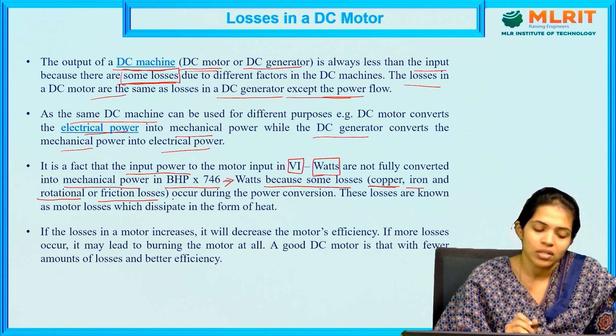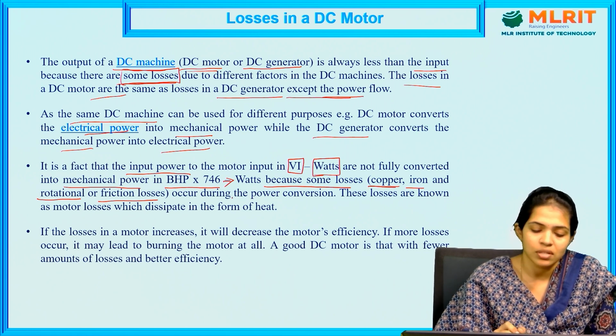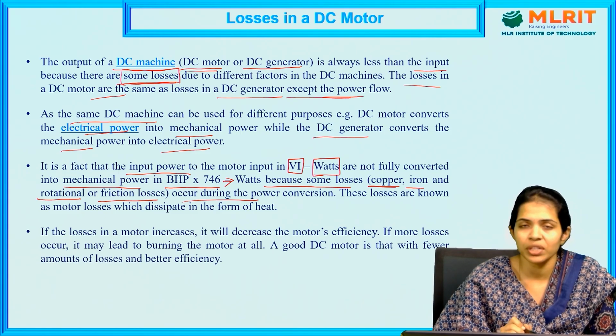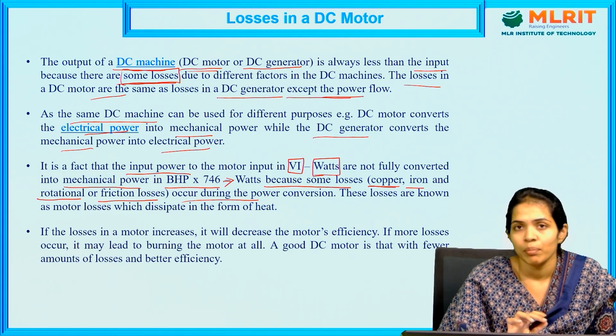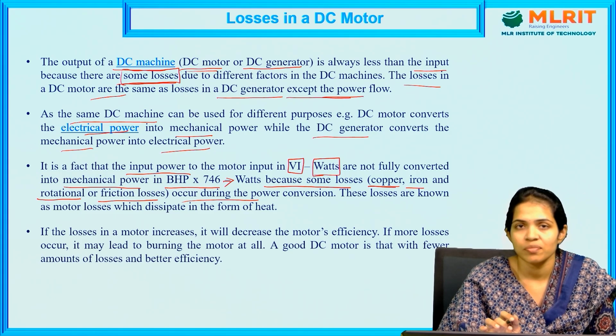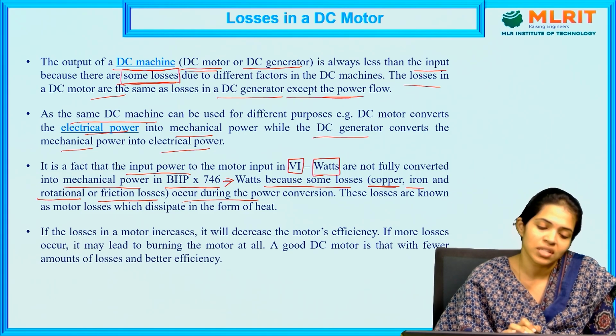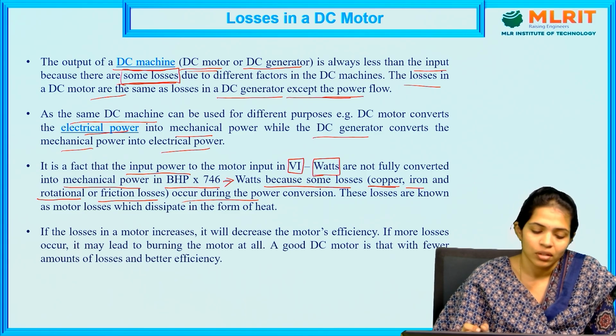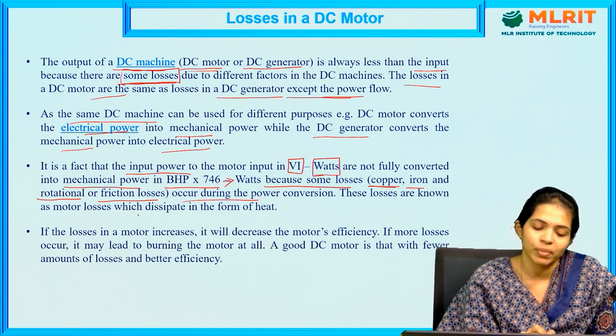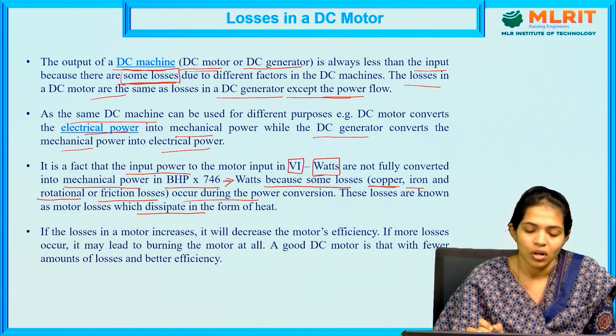Copper losses, iron losses and frictional losses occur during the power conversion, that is, in a generator from mechanical to electrical, and in a motor from electrical to mechanical. These losses dissipate heat in the motor or generator.